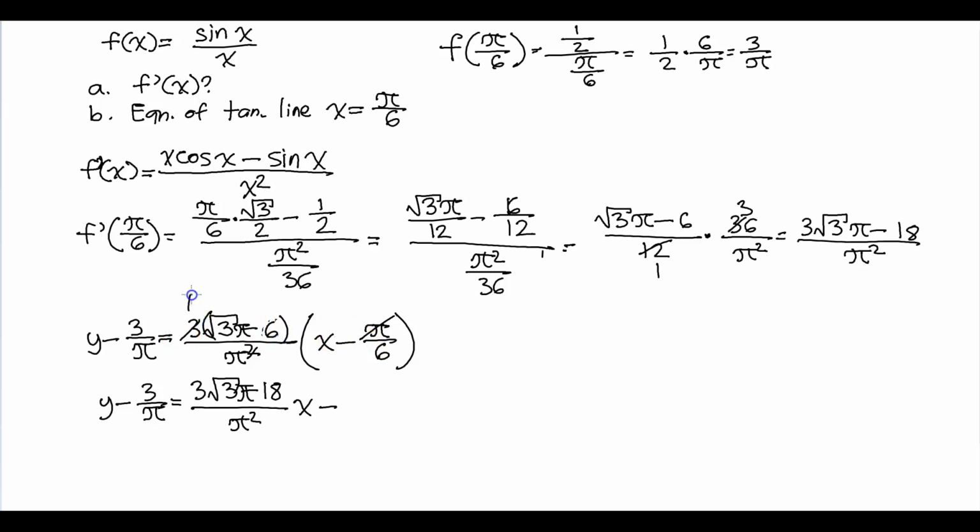Cancel, cancel, cancel, cancel. So we get root 3 pi minus 6 over 2 pi. So let me just check that. So good, cancel, we cancel with that, so that makes it 2. We get a pi squared cancels with a pi. Good. Okay, so far so good.